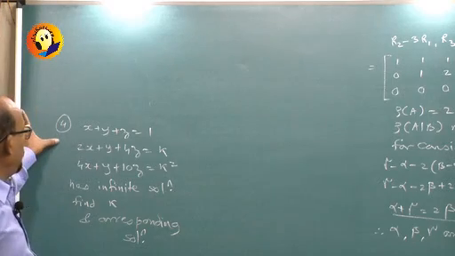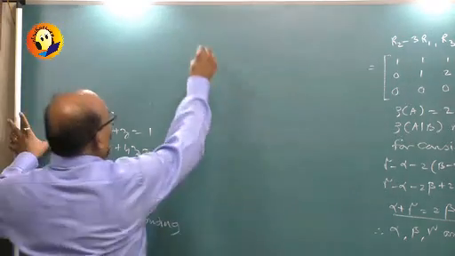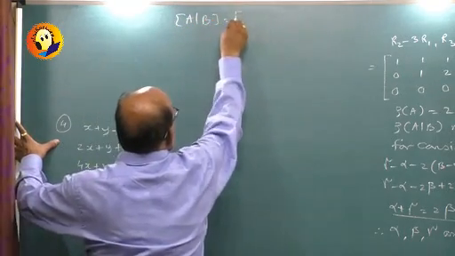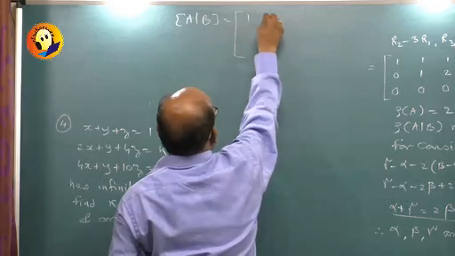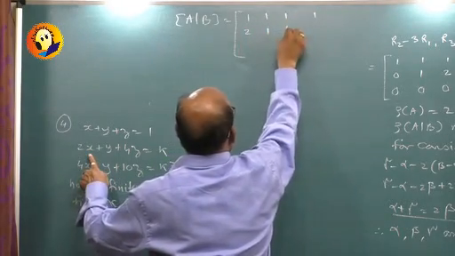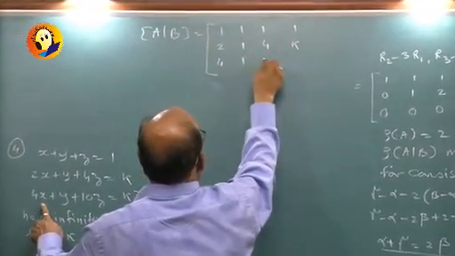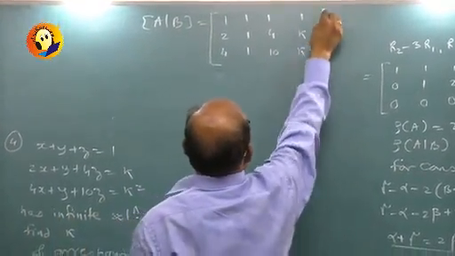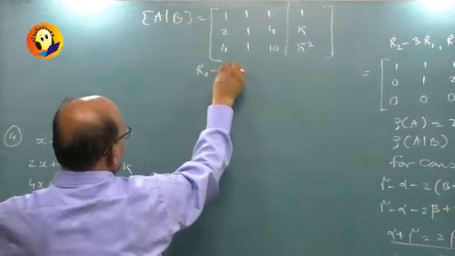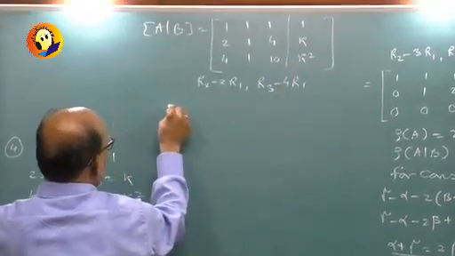Now to solve this problem, the augmented matrix will be 1 1 1 1, 2 1 4 k, and 4 1 10 k square. So it is R2 minus twice R1 and R3 minus 4 times R1.